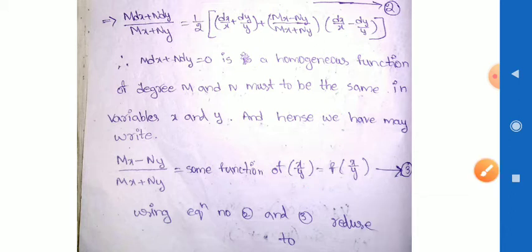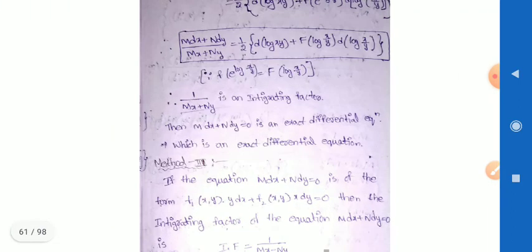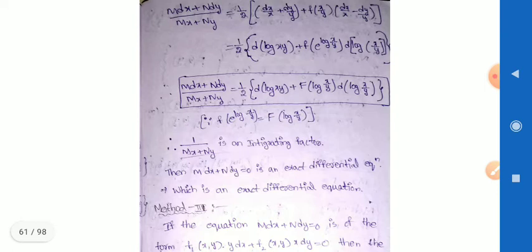By using equations 2 and 3, the equation reduces to (M dx + N dy)/(Mx + Ny) = 1/2 [dx/x + dy/y + f(x/y)(dx/x - dy/y)]. Why?